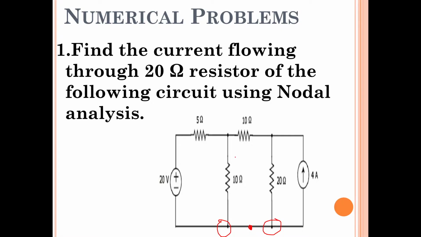So here node 1, node 2, node 3 and node 4 are there, but between node 3 and node 4 no element is there. Therefore you can join these two nodes together, and consider it as the third node. If no element is there between two nodes, then you can consider those two nodes as one node.